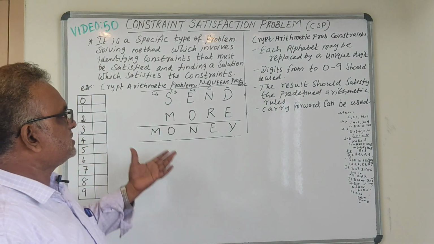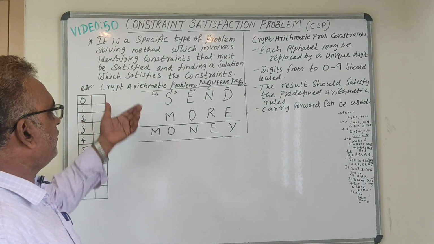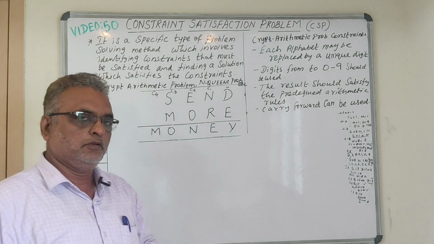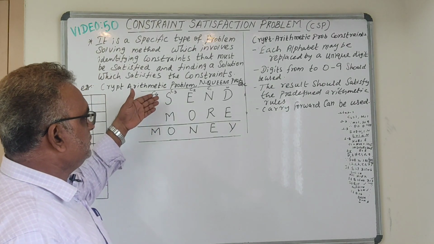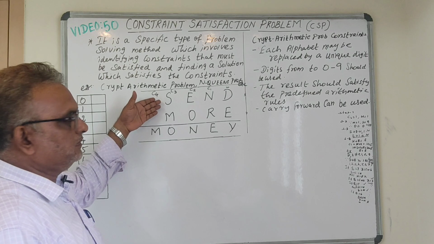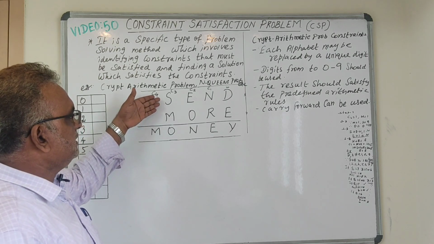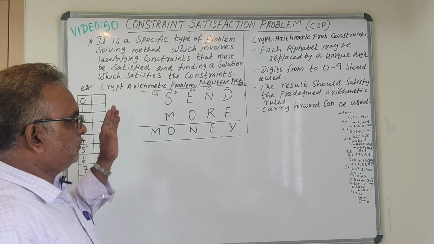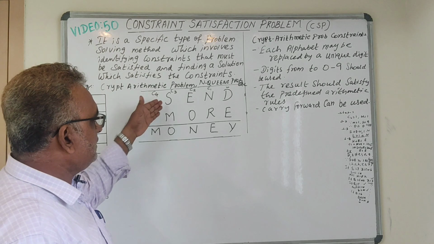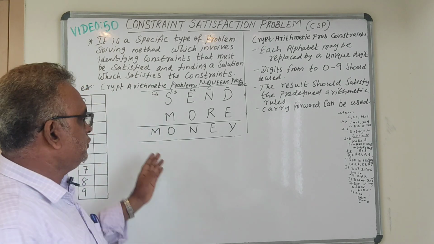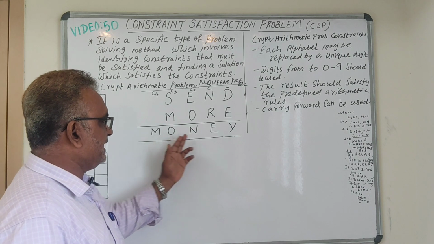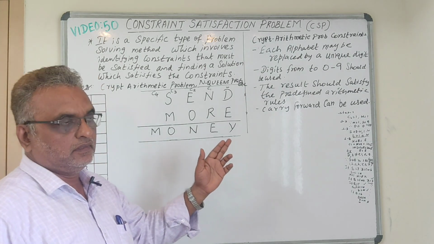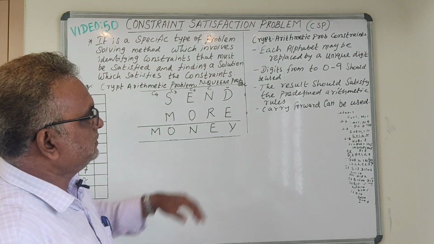Here we are going to discuss how to perform the cryptarithmetic problem. An example is given here. Two words are given: SEND, MORE. If you add these two words, you should get the resultant word as MONEY. These are the constraint rules.